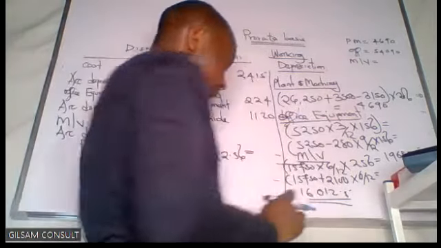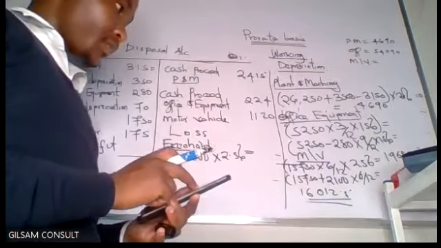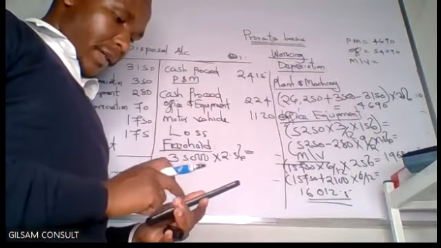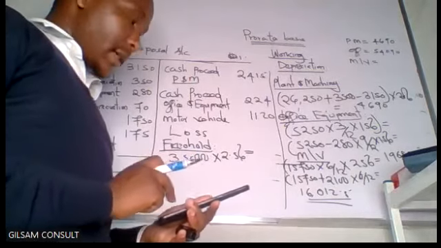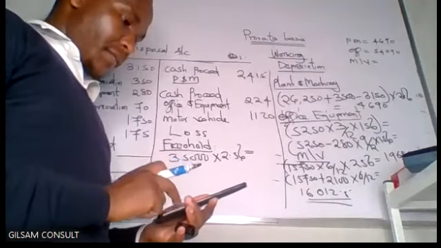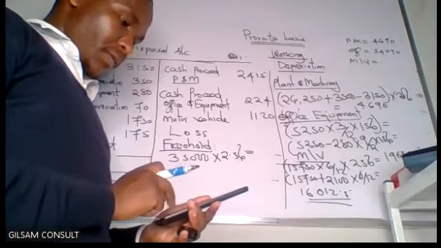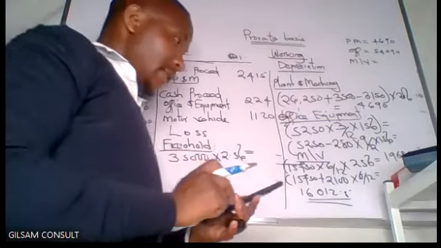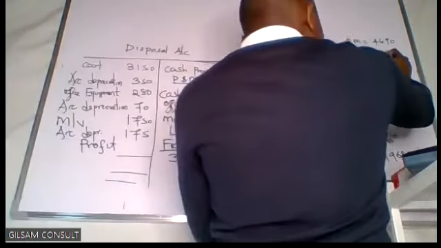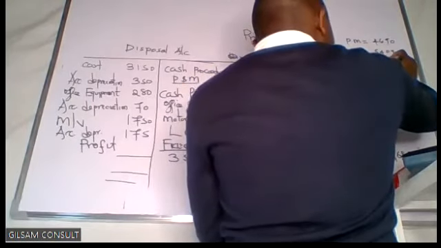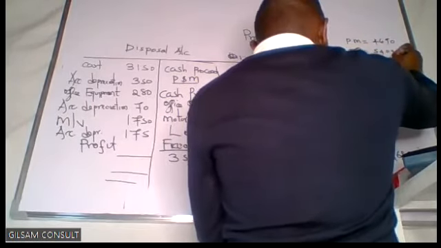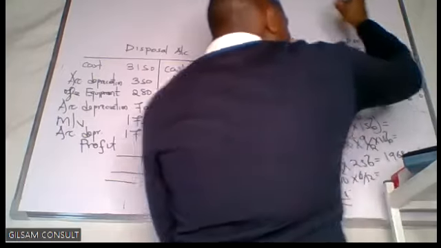So when I combine the two, 1968.75 plus 16,012.5 gives 17,981.25.